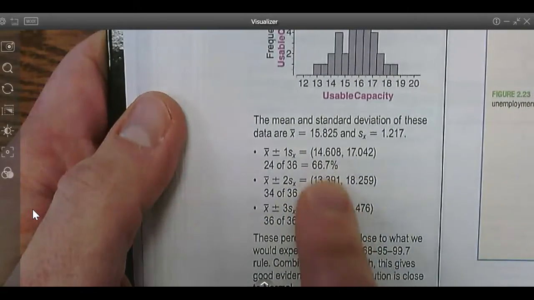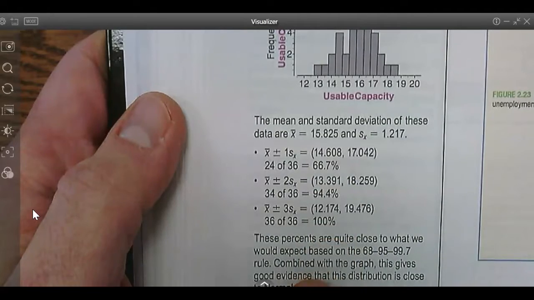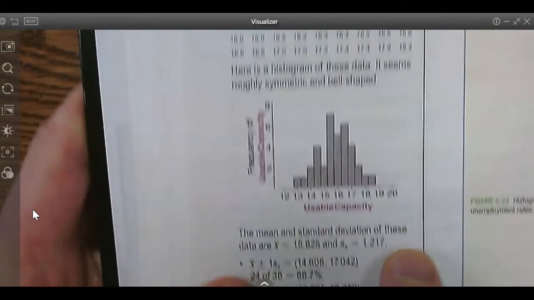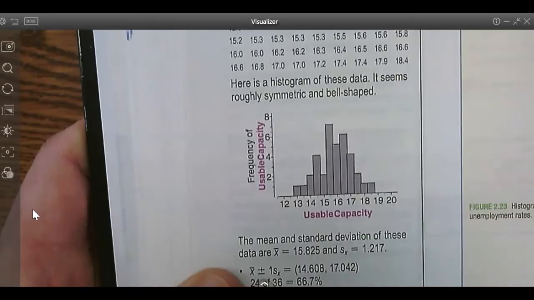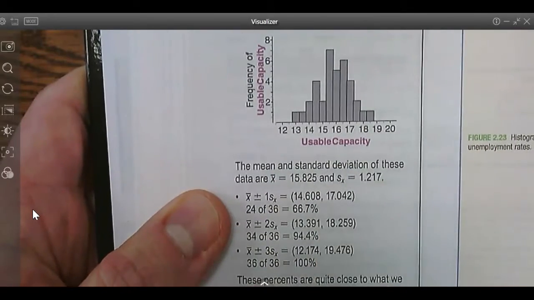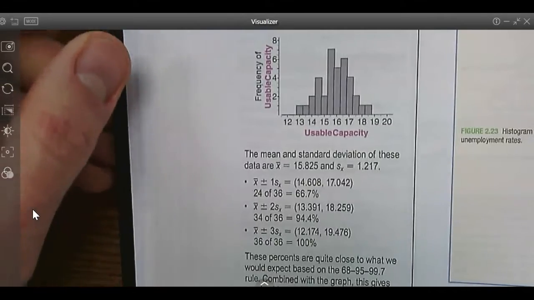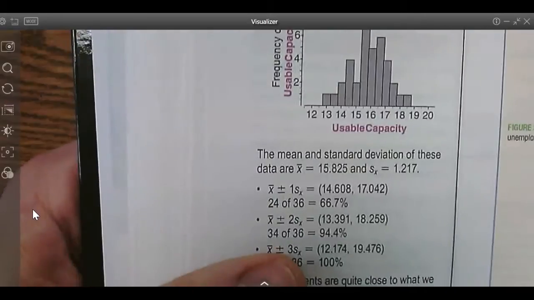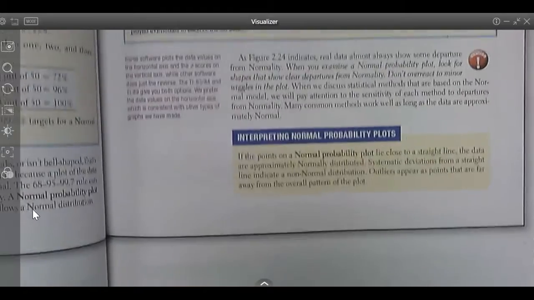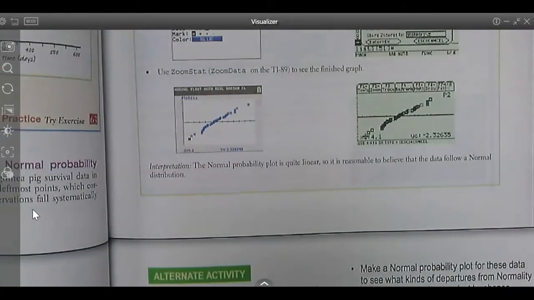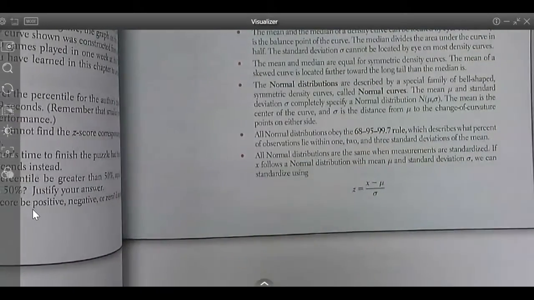So this follows the 68, 95, 99.7 rule pretty close. So between the graph, which looks like a normal curve, being a pretty good fit, and checking the 68, 95, 99.7 rule, it seems like, yes, a normal distribution would be a good fit here. Normal probability plot is not part of the AP curriculum, so you don't need to worry about any of that.